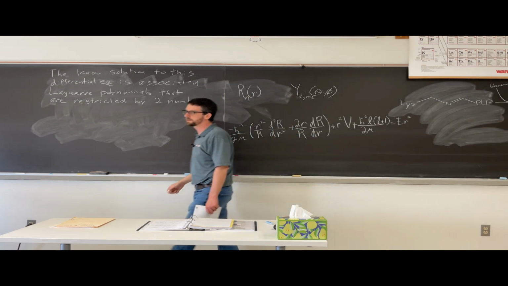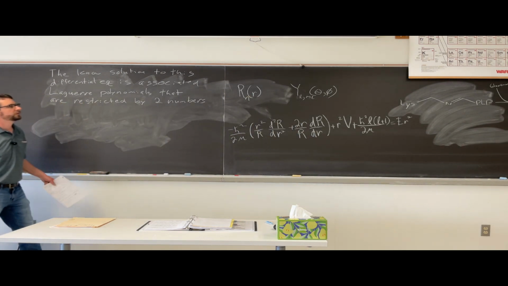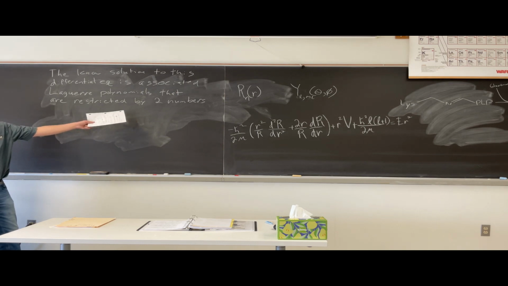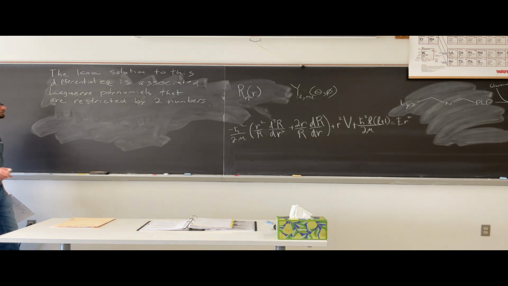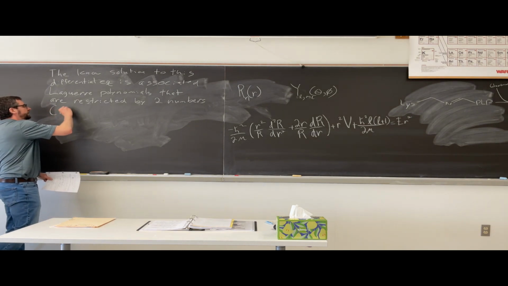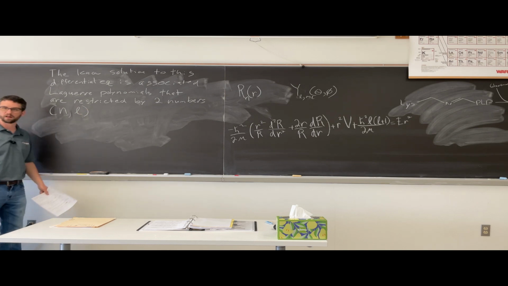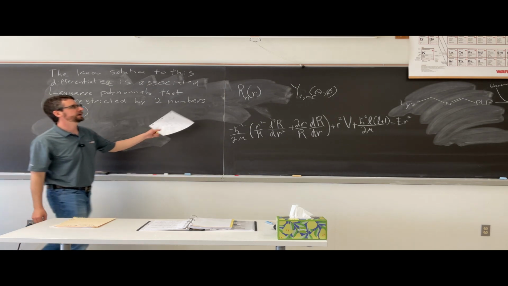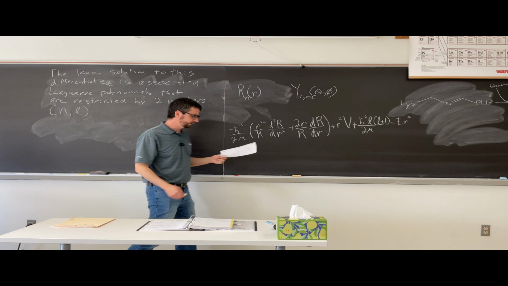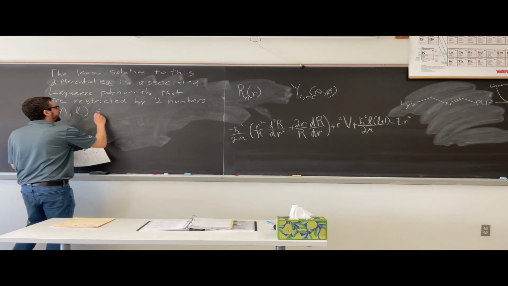N. So now, what's going to dictate what the solution to this is, our wave functions? What two quantum numbers do we have to know? Yeah, we got to know N and L. If we know N and L, we can get all the other things in here.